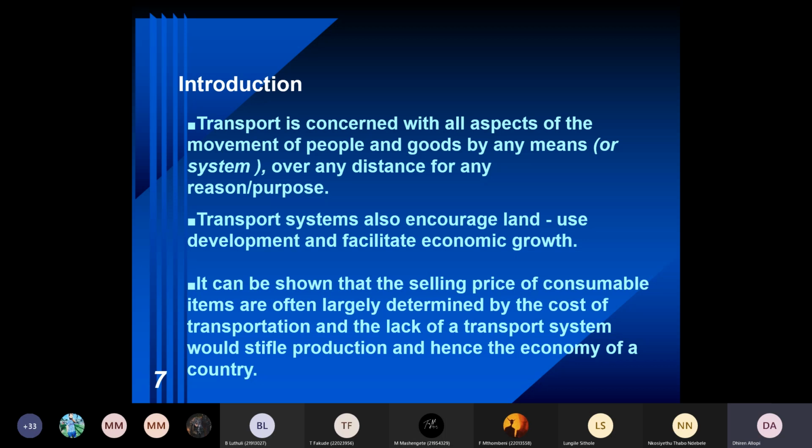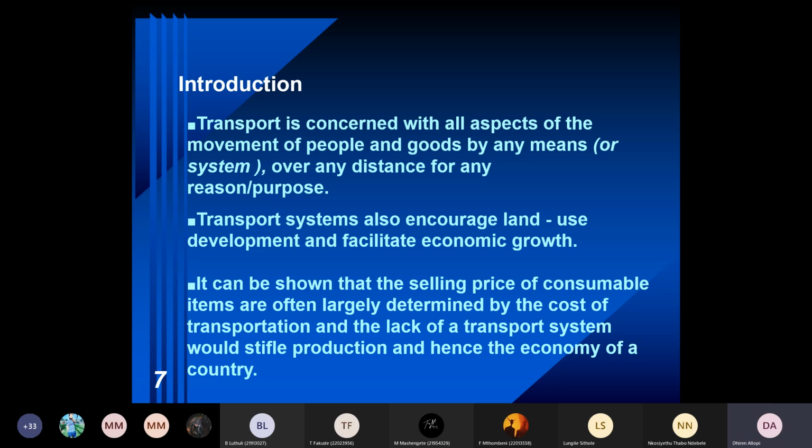Look at all the buildings that have come about around the Gateway complex, the flats that have developed around it, and the cost. A single bedroom flat in that vicinity costs you more than $1 million. So you can see the direct link between the transport system and your land use.